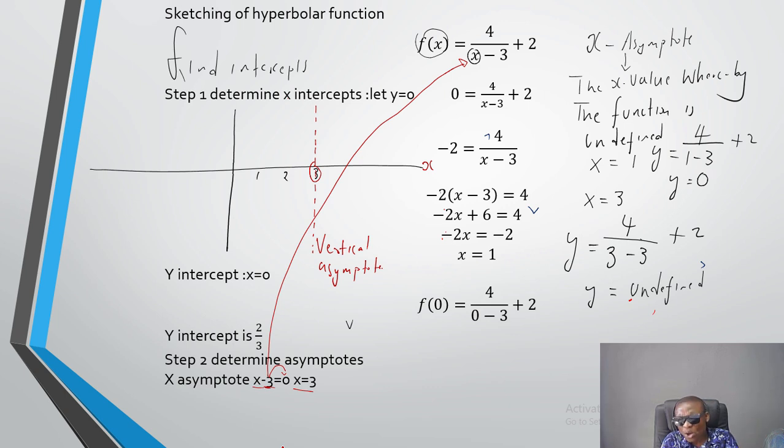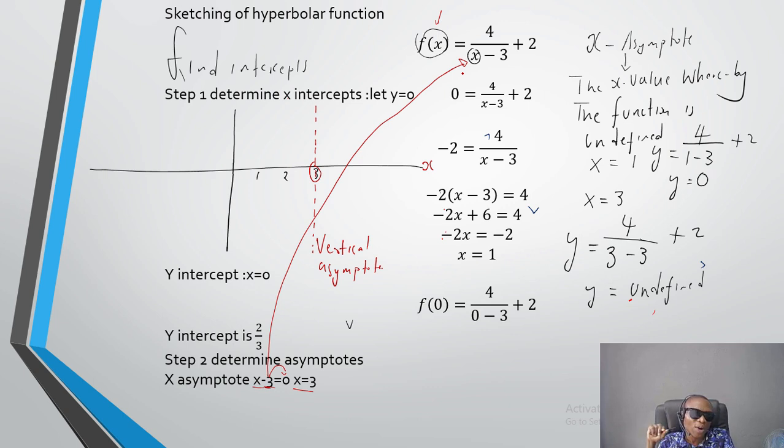But why do we have to equate the denominator to 0 when we are looking for the x asymptote? We know that for the function f of x, if x minus 3 is 0, it's going to be undefined. So what we are saying is, whenever x minus 3 equals 0, f of x is undefined.